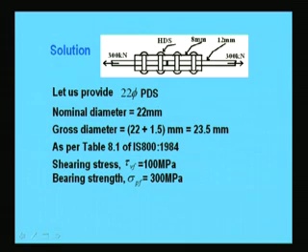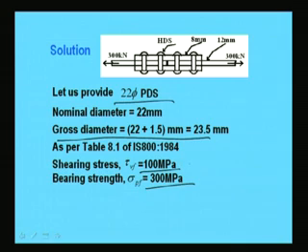One is, let us provide some diameter of rivet, say 22 phi power driven shaft. So, the gross diameter of rivet will become 23.5 millimeter, and as per table 8.1 IS 800 1984, the shearing stress will become 100 MPa and bearing strength of rivet will become 300 MPa, because this is hand driven shaft rivet.